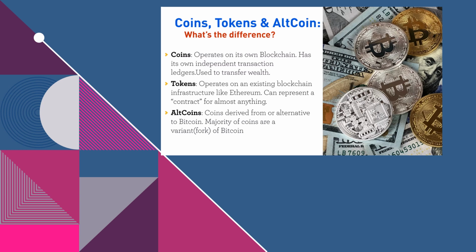Then these are the different types of things that you could get: coins, tokens, and altcoins. Your coins operate on their own blockchain. Your tokens operate on an existing blockchain infrastructure like Ethereum. And altcoins are coins derived from or alternative to Bitcoin. The majority of coins are variants of Bitcoin.